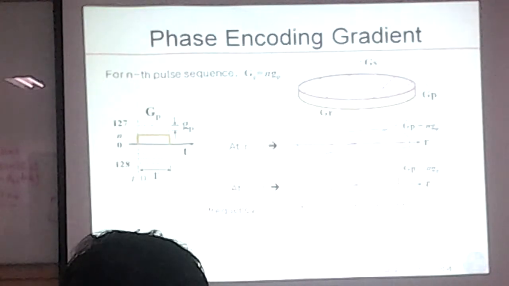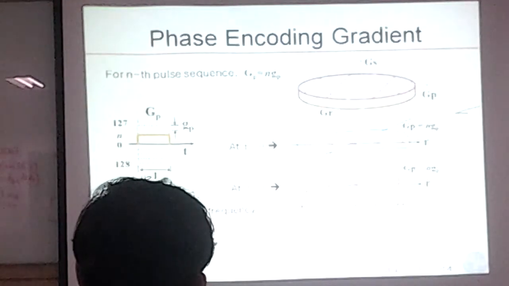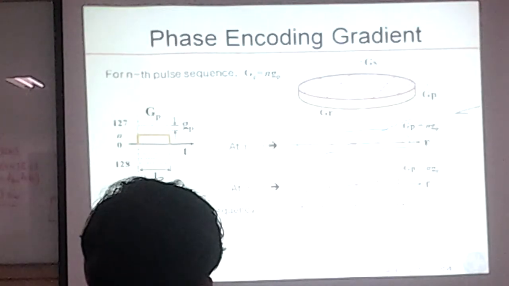By applying the phase encoding gradient like this, the spins rotate according to the precession frequency, which is distributed along the axis. I think I should change this to P here also.